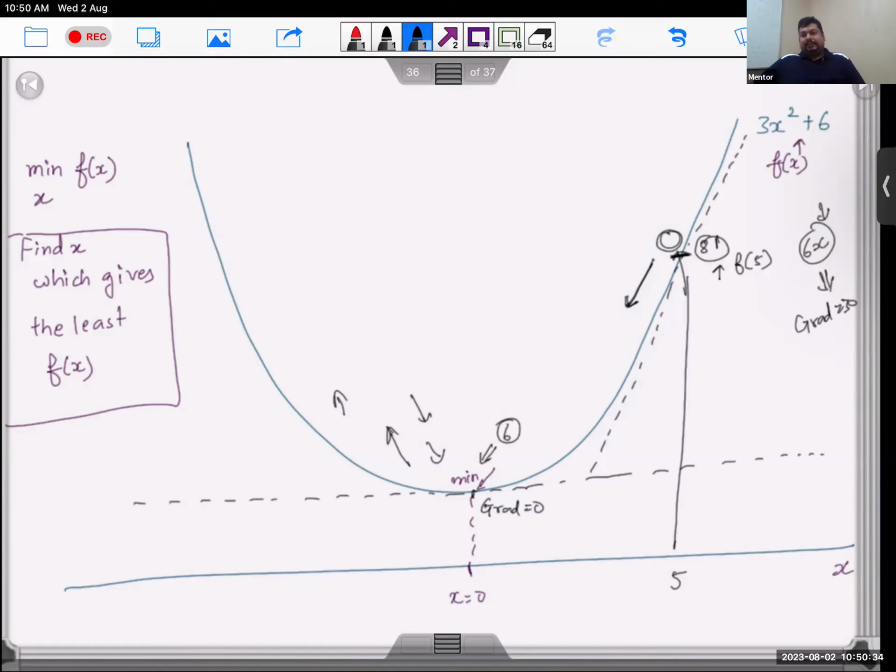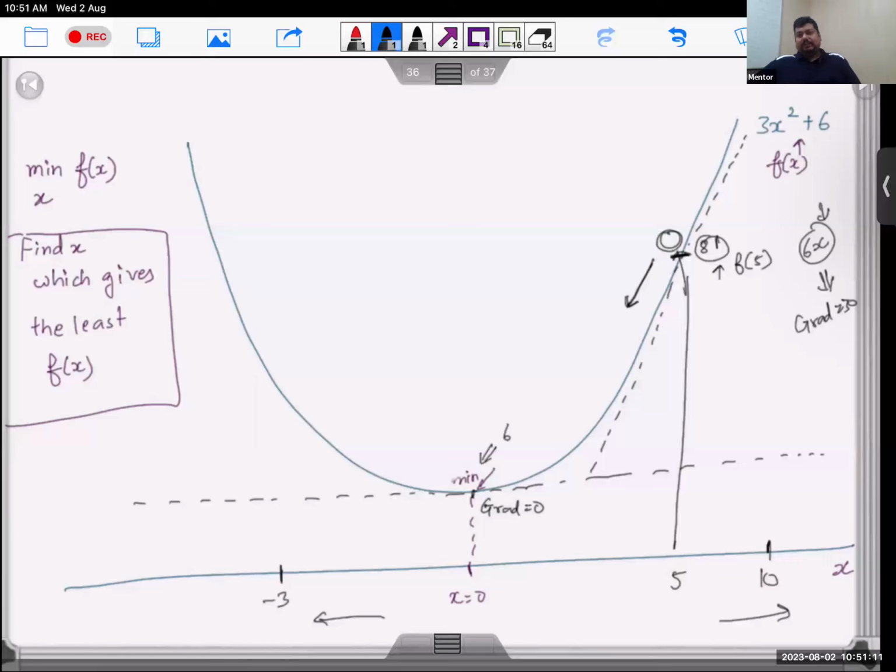Okay, I need you to realize that if you choose any other value of x beyond 5, the gradient increases. Yes or no? Yes. As x increases, 6x also increases, right? And if you're on the negative side, what happens? Let's say you are at -3.